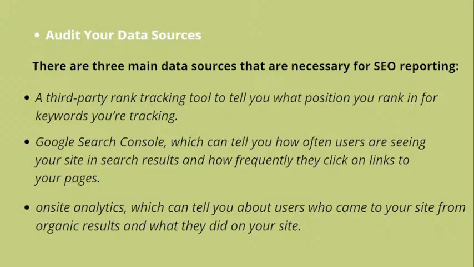Then Google Search Console, which can tell you how often users are seeing your site in search results and how frequently they have clicked on the links to your pages. Then on-site analytics, like Google Analytics, can tell you about users who come to your site from organic results and what they did on your site.